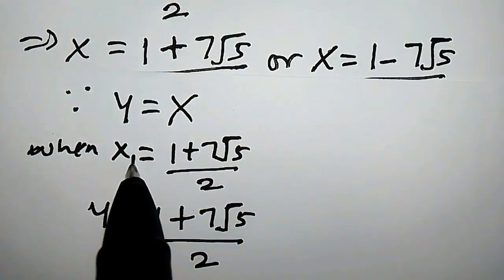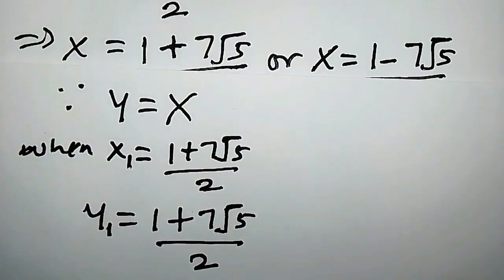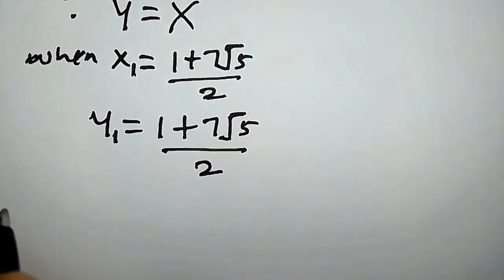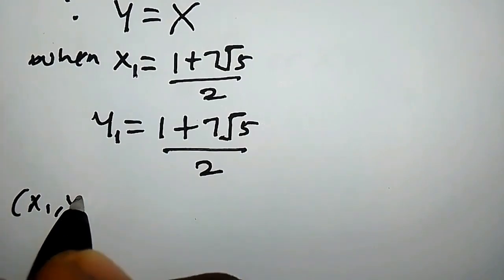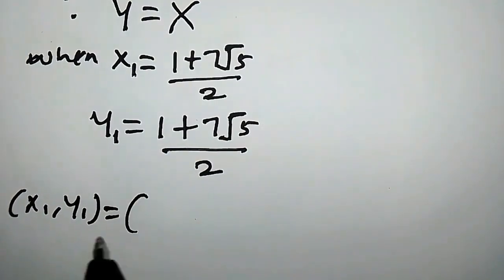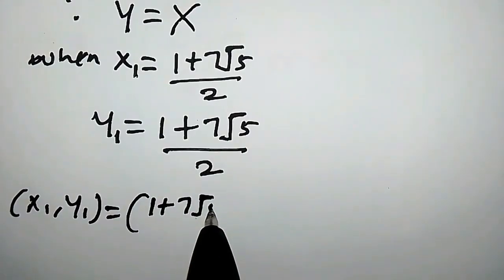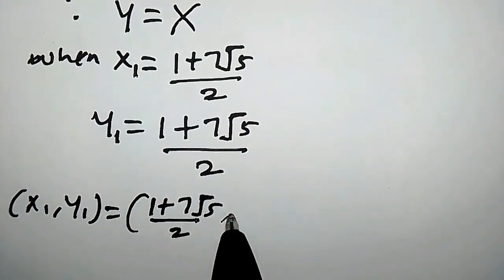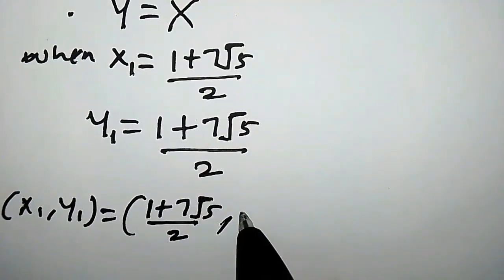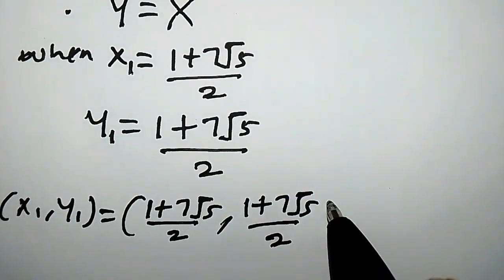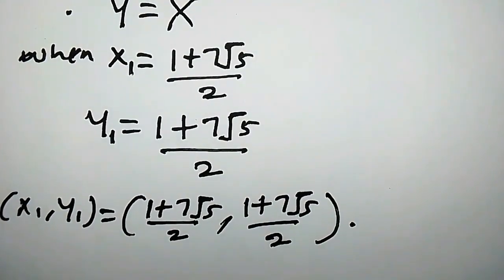Let us call this x1 and this y1. This means that the first solution is x1 comma y1 equal to 1 plus 7 root 5 divided by 2, comma, 1 plus 7 root 5 divided by 2. This happens to be the first solution.